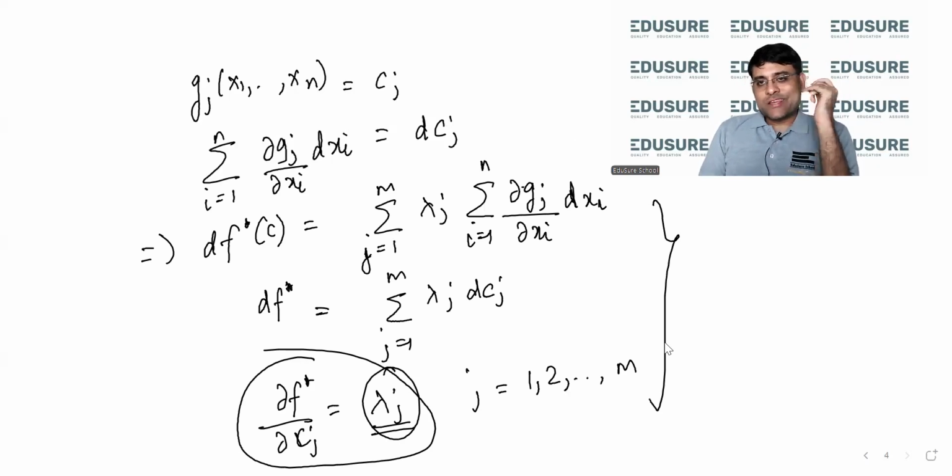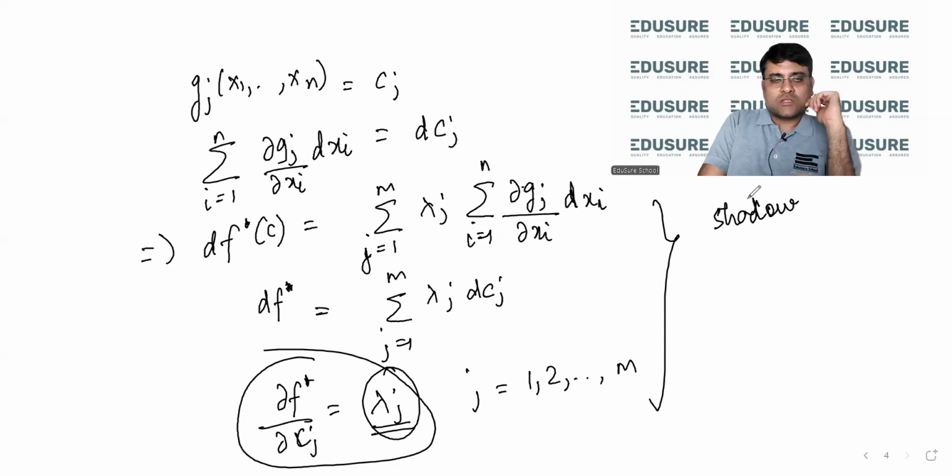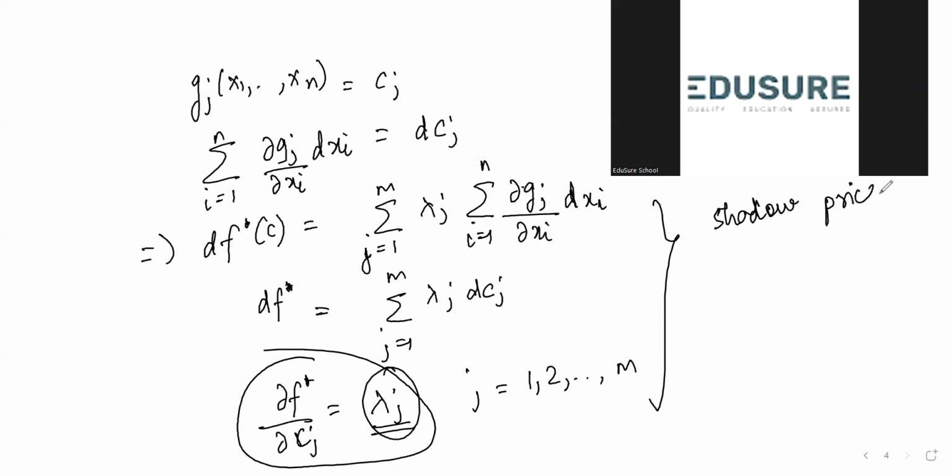This can also be said to be the shadow price, or the marginal value imputed to a unit of resource, say i. So it's nothing but the shadow price. And in the case of consumer behavior, it's called the marginal utility of money.